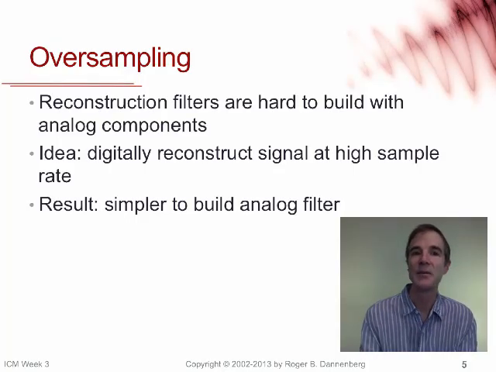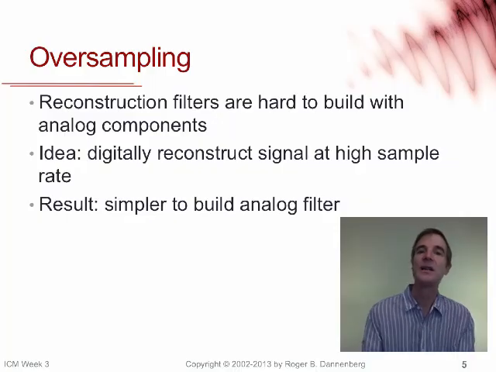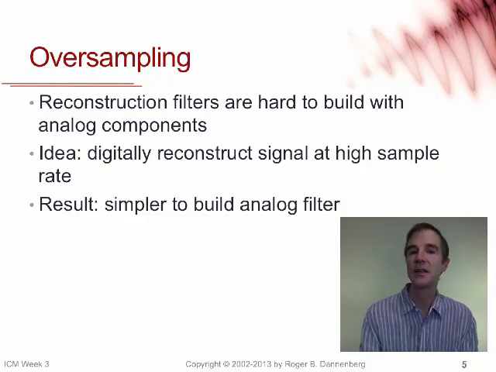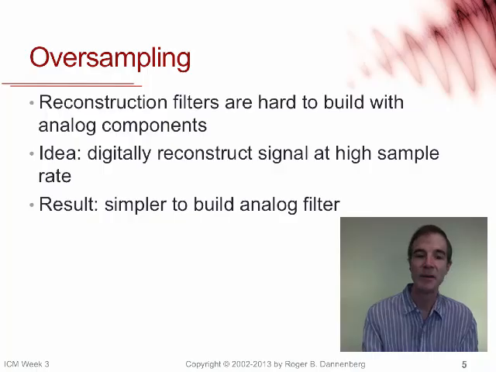These are in the analog domain, and good analog filters are tough to build. The idea of oversampling is you digitally reconstruct the signal at a very high sample rate, and that allows you to build simpler, less expensive analog filters.